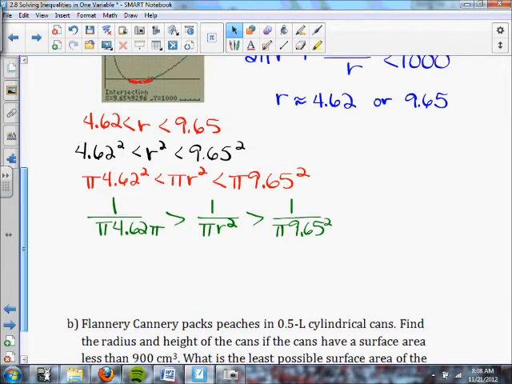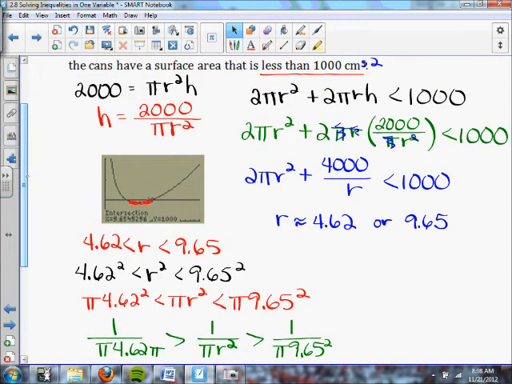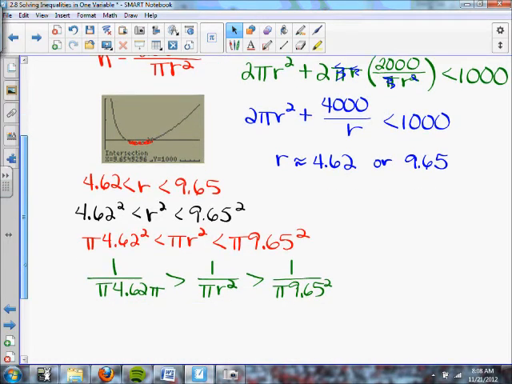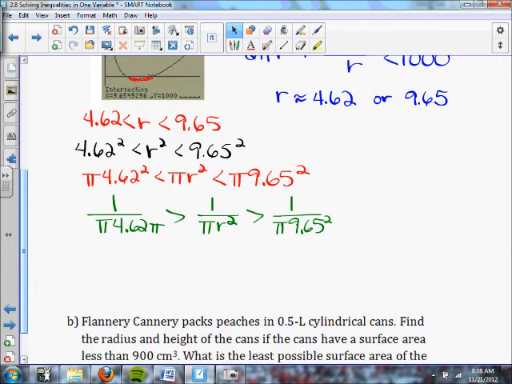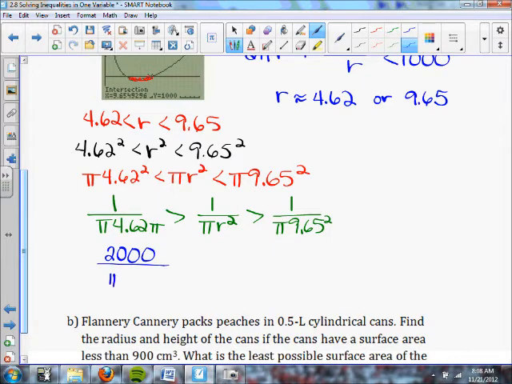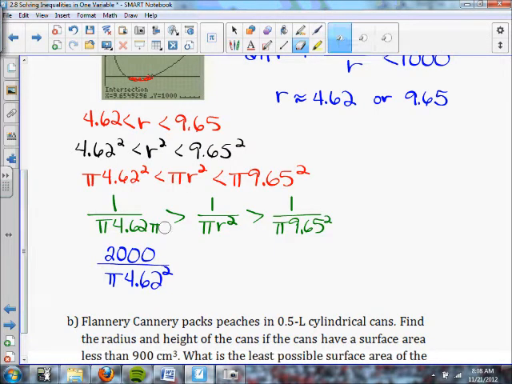Basically, what we're doing, we're creating this formula using this inequality. Okay? Now, if I multiply everything by 2,000, oops, I think I wrote something incorrectly here. This should say squared. Oops.